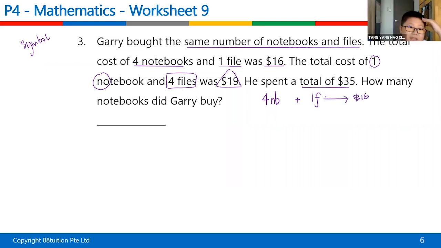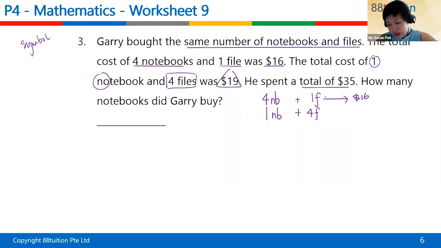Good. All right, the cost of 1 NB and 4 files. If you want to annotate, annotate slowly, not scribble too fast, or you cannot control your mouse. My mouse isn't working; I'm using the computer. Let me finish up the $19 first.